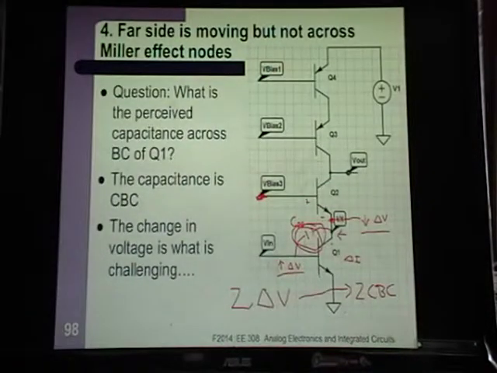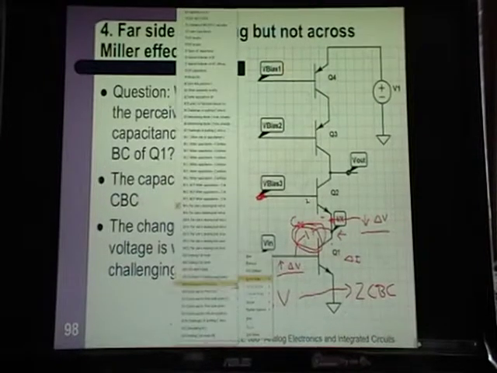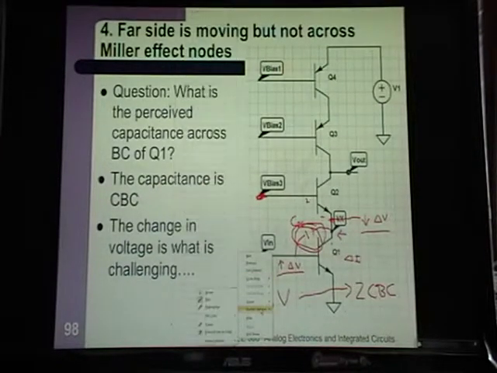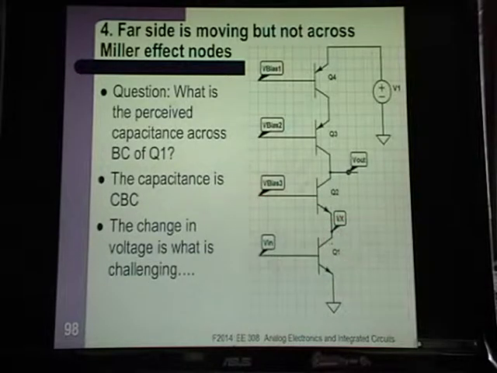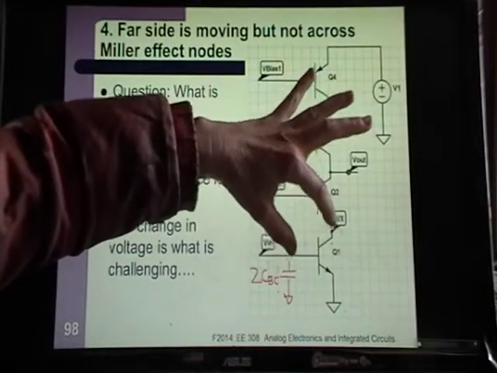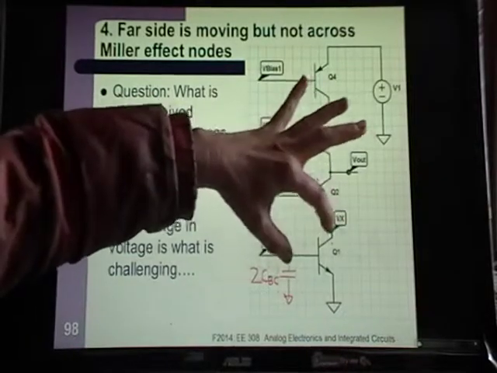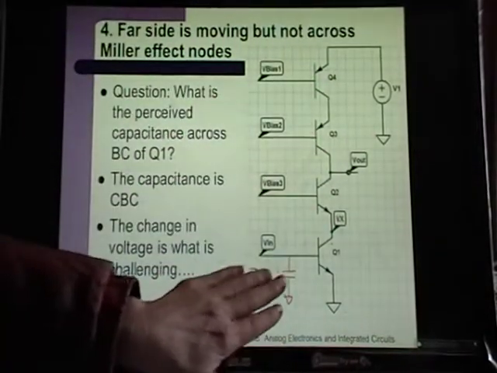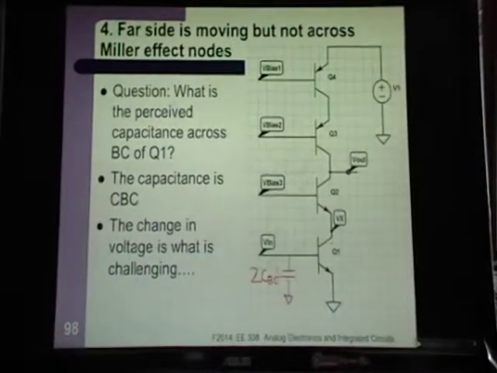So what you can do is, instead of putting a capacitor to Vx, put a capacitor of twice the value to ground. That will give you the exact same effect as trying to figure out this complicated capacitance here. Both sides are moving. So now you have a much easier capacitor. You have a capacitor to ground to model with.